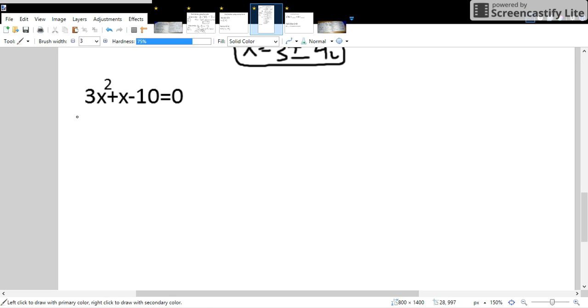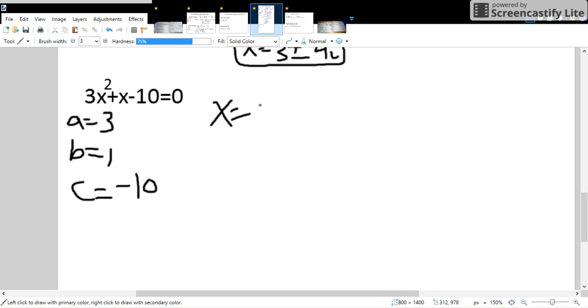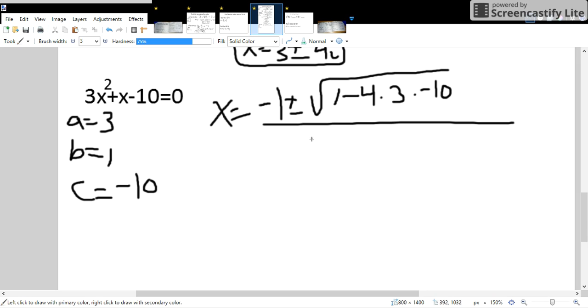Okay, so let's determine where a, b, and c are. So a is 3, b equals 1, and c equals negative 10. So let's go ahead and plug in the quadratic formula. So we have x equals negative b plus or minus the square root of b squared, which is 1, minus 4 times a, which is 3, times c, which is negative 10, all over 2 times 3.